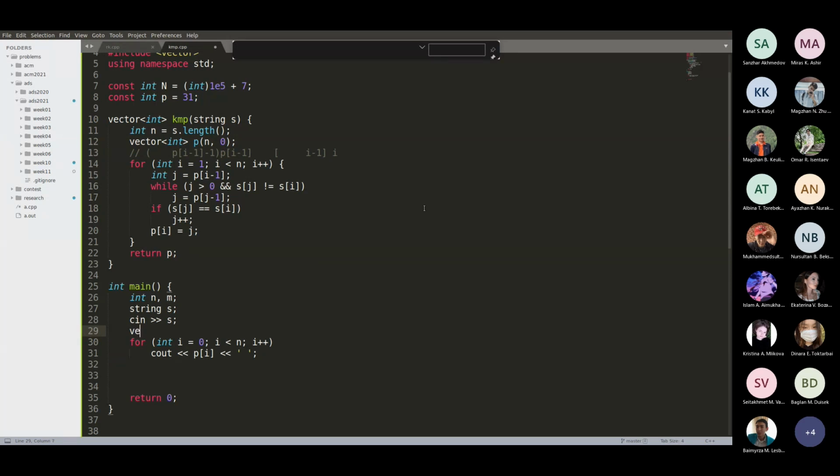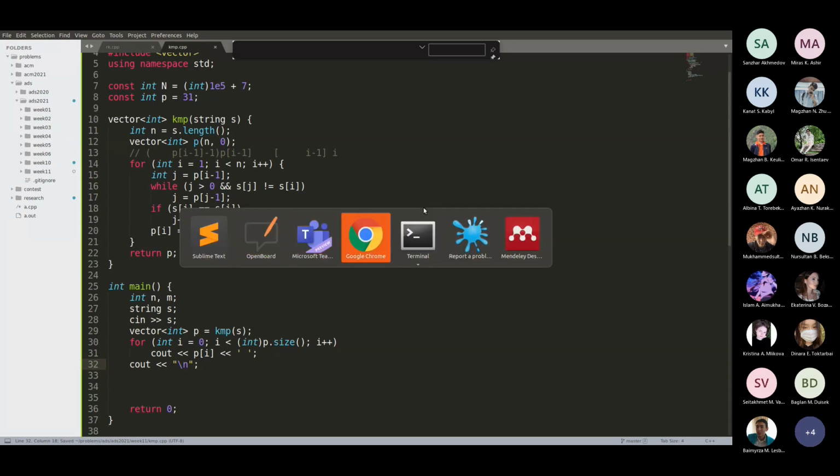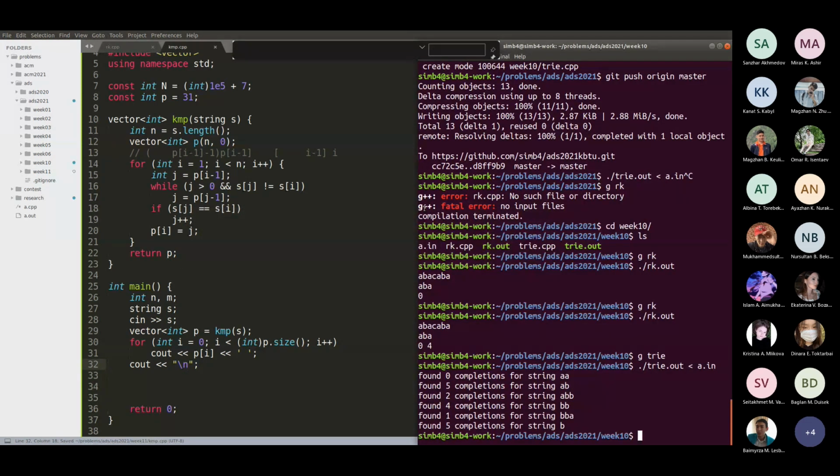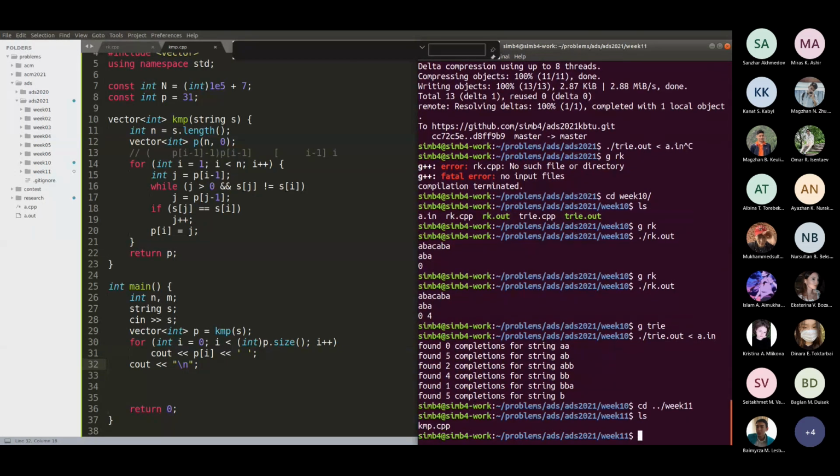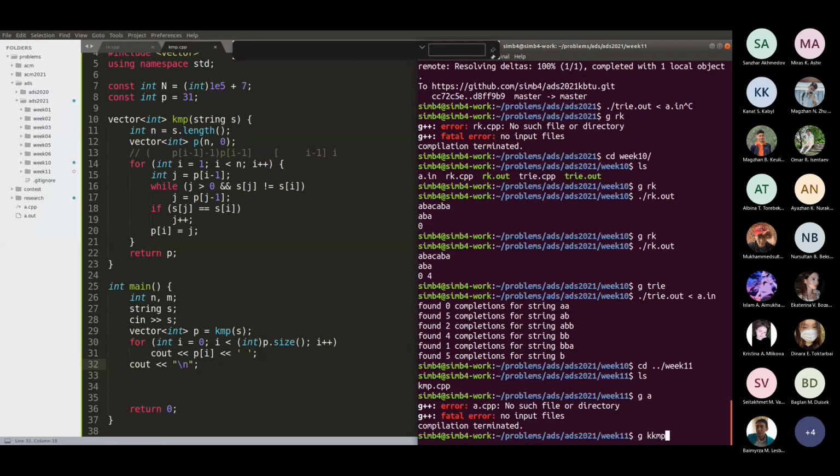Just like vector p equals KMP of that string, and then cout p dot size, p of i out, like this. Okay. Week 12, week 11, KMP.